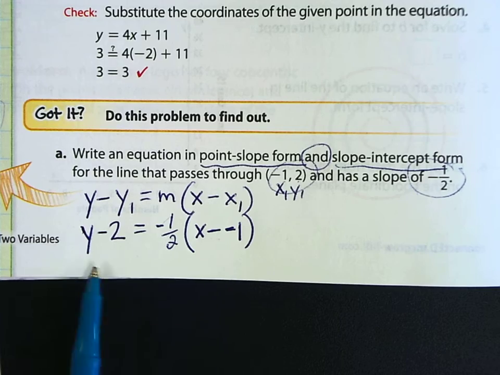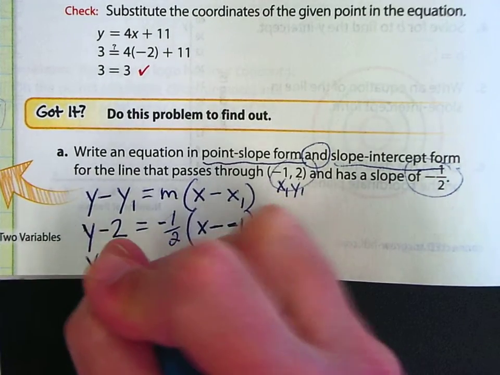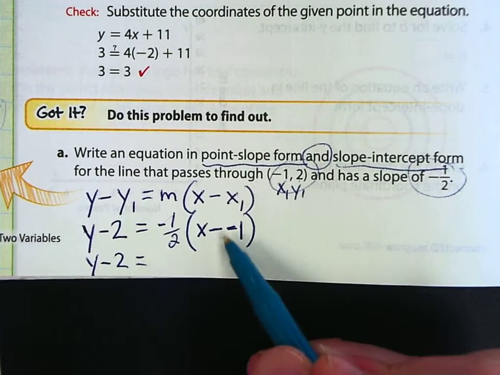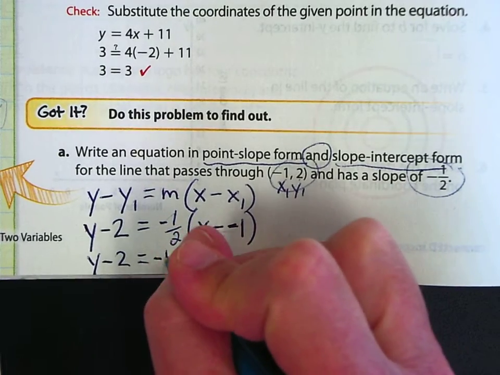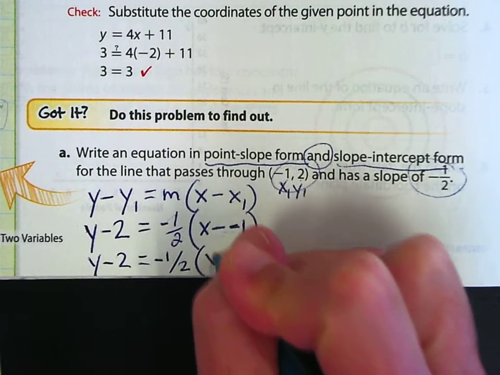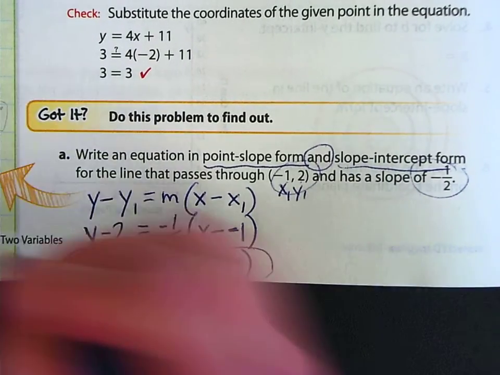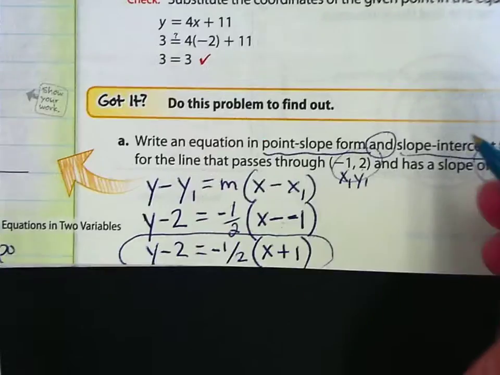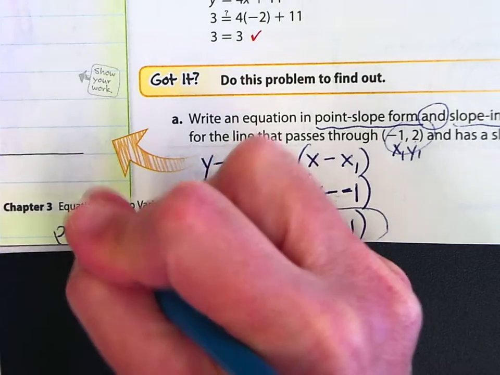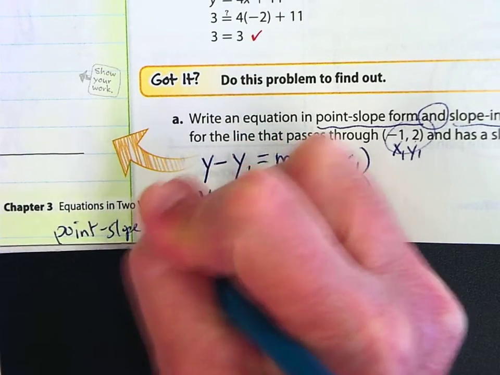The only thing left to do is fix this double negative. So y minus 2 equals negative a half times x plus 1. This is my first answer in point-slope form.